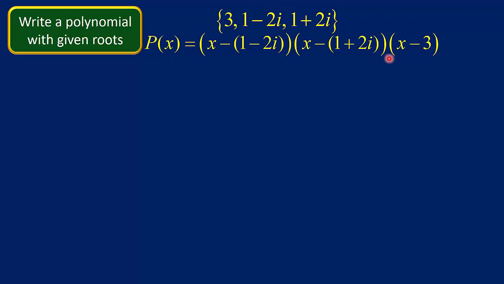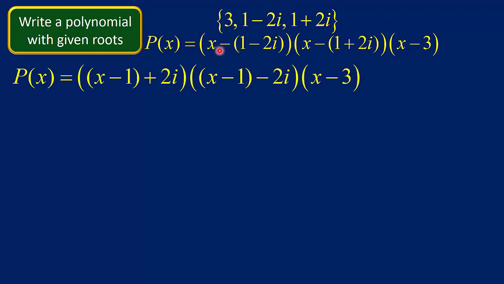Now, I've got some algebra to perform here because I want to expand this out, and when we're done, we're not going to have any i's in there. It's just going to be x's. Now, here's the trick I like to use when I'm going to multiply something like this out. I like to take this x minus 1 and group it like I've done here.